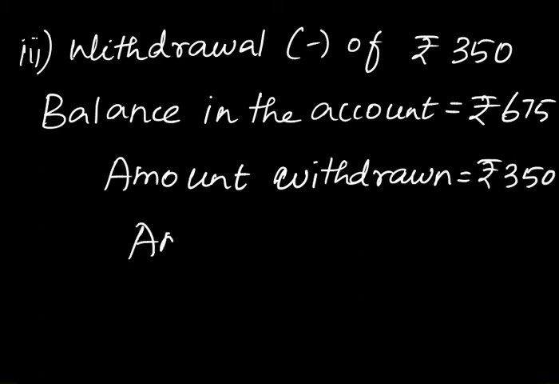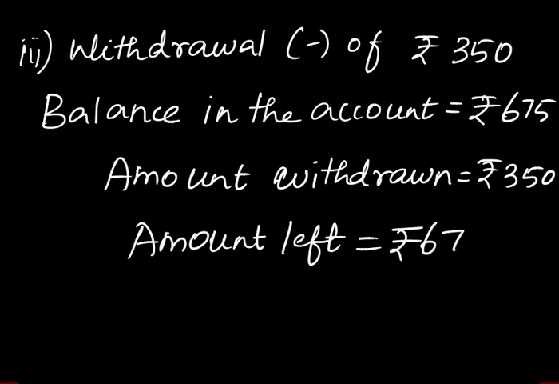So the amount left is equal to, from 675 taking 350, so subtract. When you do subtraction, you will get rupees 325.